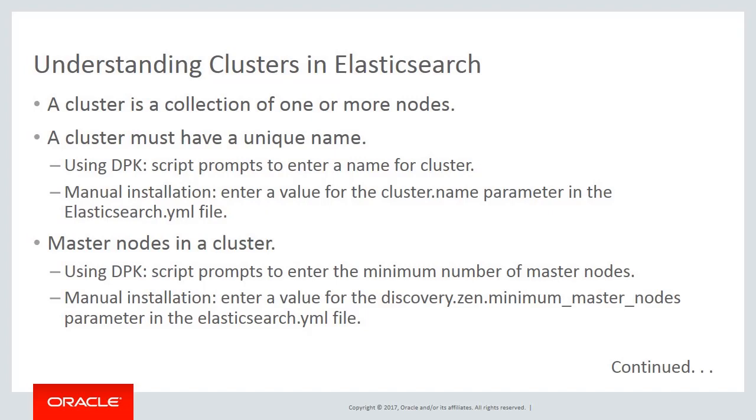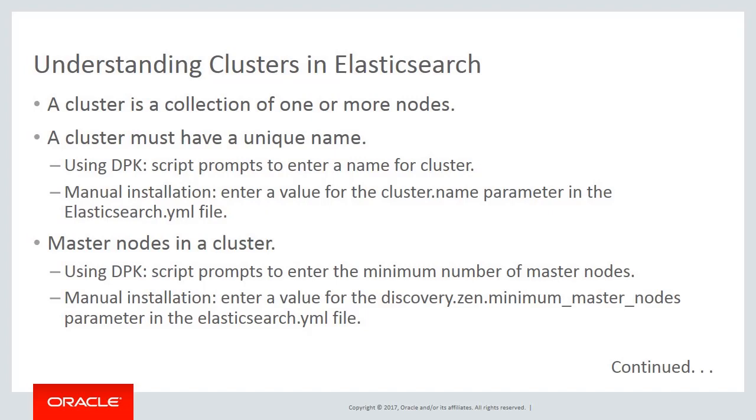Before we discuss clusters, it is important to understand the Elasticsearch.yml file. The Elasticsearch.yml file is a configuration file that contains the most important settings that you need to configure a cluster. Please note that the .yml file uses space indentation, so you should be careful when you edit it.